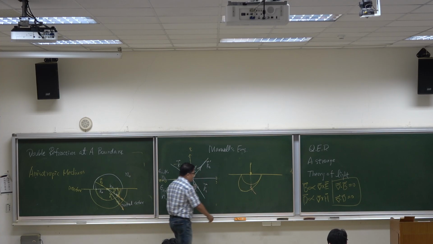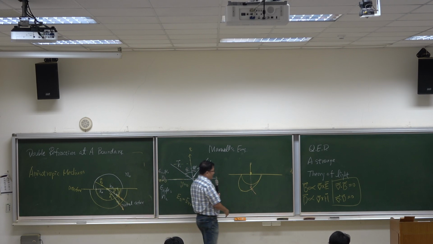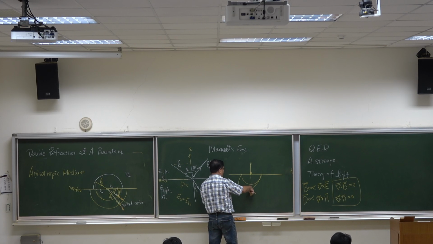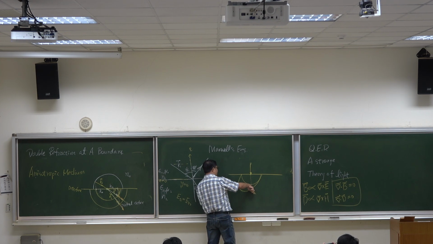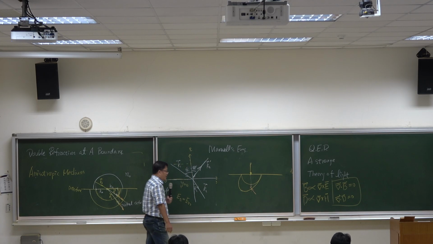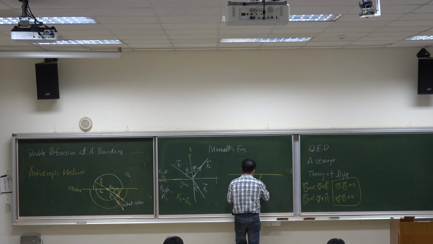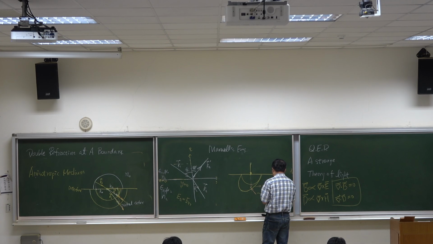So this means that even if we send a beam of light normally to the crystal, it may happen that it becomes two beams. The first beam goes straight along the original direction, and the second beam goes along a different direction. And usually we call this the O ray, and this is called the E ray.